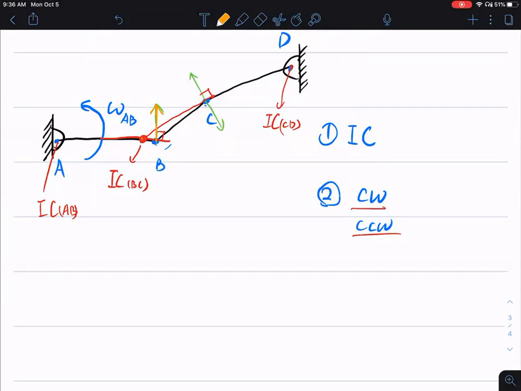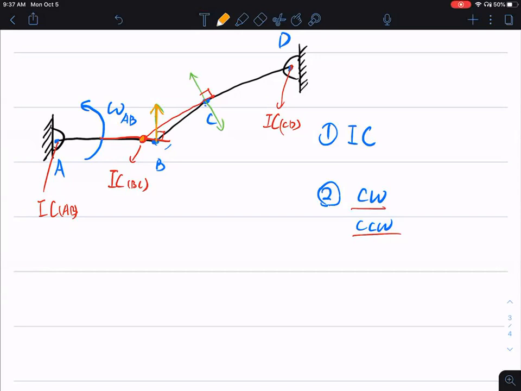There's only one possibility: rigid body BC is going counterclockwise, because that instant center is on the left hand side of that rigid body, and one point on the rigid body is going up. There's no way for this whole rigid body to go this way, because that point is going up, it drags the whole rigid body up.